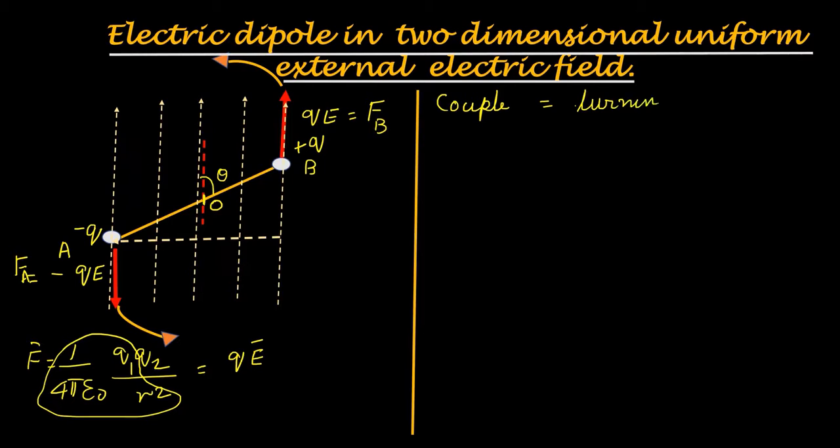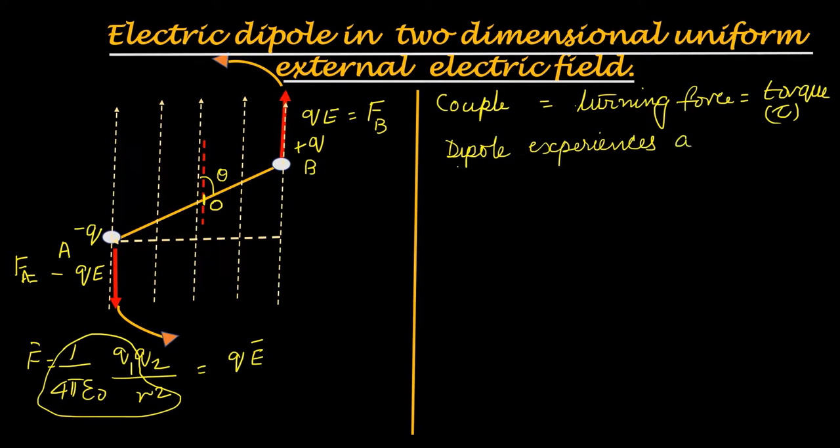Couple causes the turning effect of force called torque, represented by the letter tau. So a dipole resting at an angle to the uniform electric field experiences a turning force, or it rotates. These arrows show the direction of the turning, that is in anti-clockwise direction. The dipole rotates and then aligns itself with the direction of the electric field. They are in same direction.